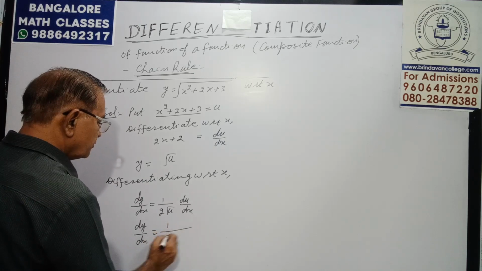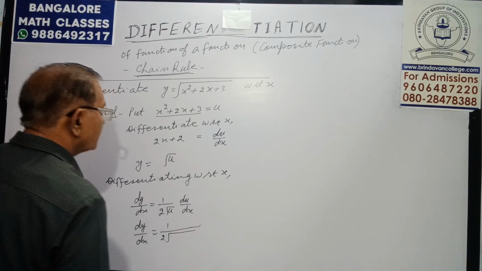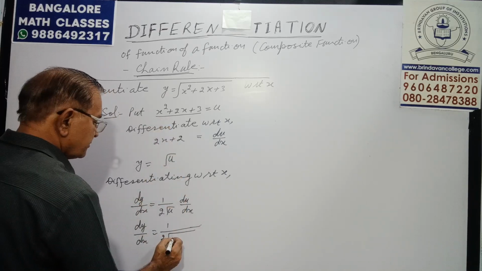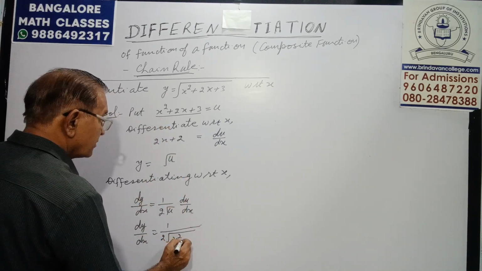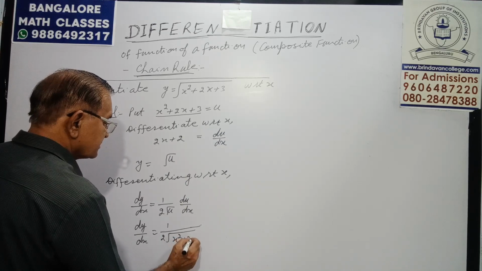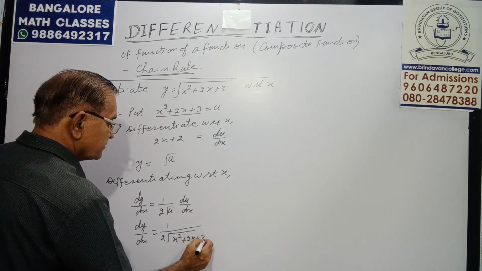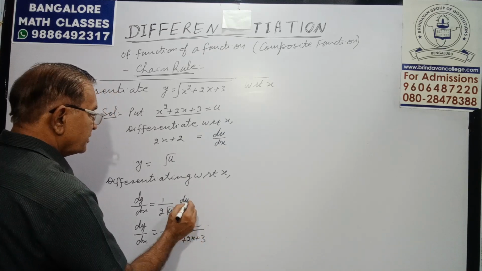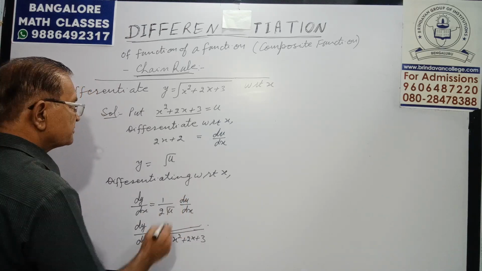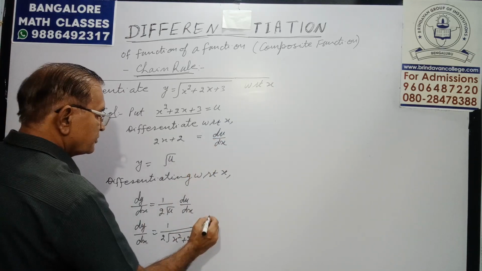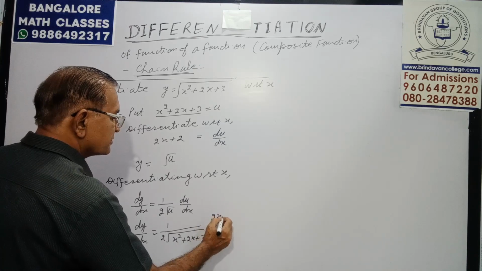Now put the value of u, x square plus 2x plus 3. Then put the value of du by dx, 2x plus 2.